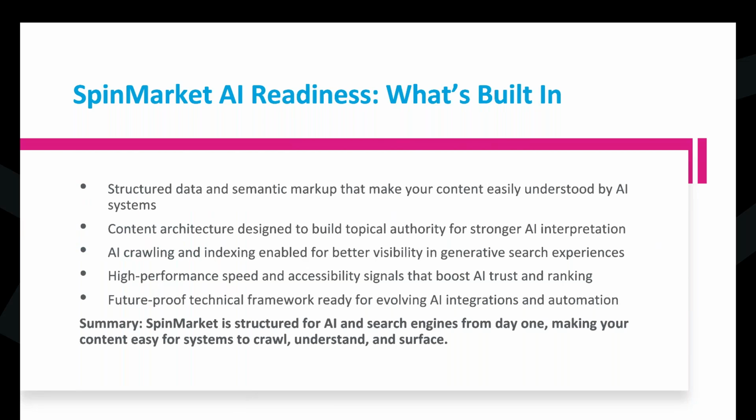Most platforms depend on plugins or theme limitations for this. We bake it in from day one. The content architecture is designed to build topical authority, which is how AI models determine your credibility. And because the site is fast, clean, accessible, you get stronger ranking signals across both traditional SEO and AI-powered search. So that's how you help your products get discovered, not just by customers searching, but by the AI systems shaping how search works now.